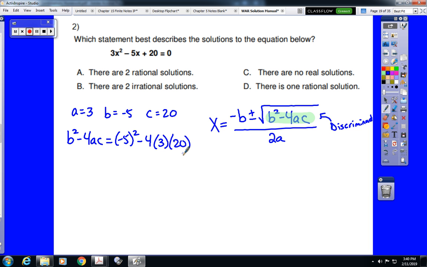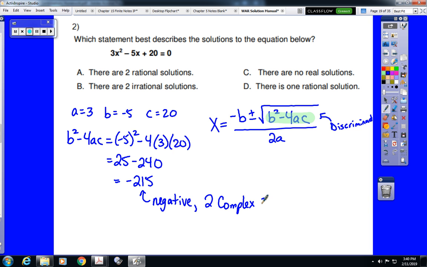So b squared minus 4ac would be negative 5 squared minus 4 times 3 times 20, which would be 25 minus 240, or negative 215. Now, if the discriminant is negative, that means that our answers are not real solutions. This means we have 2 complex solutions.